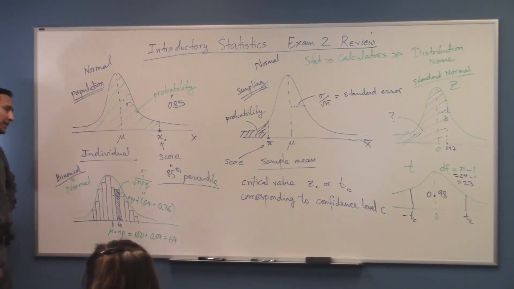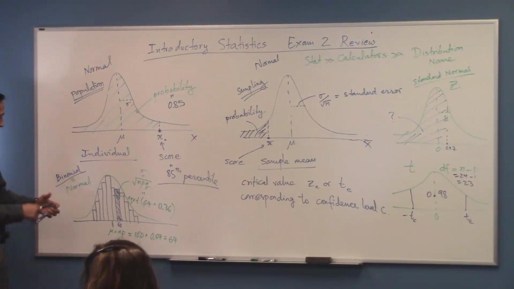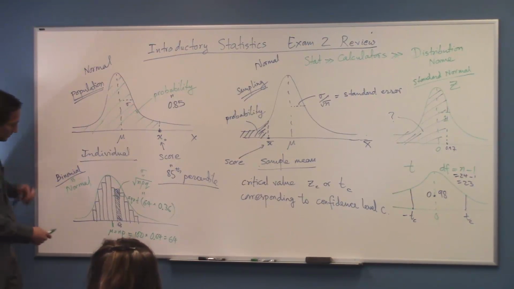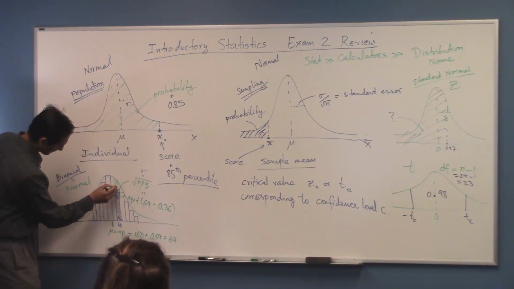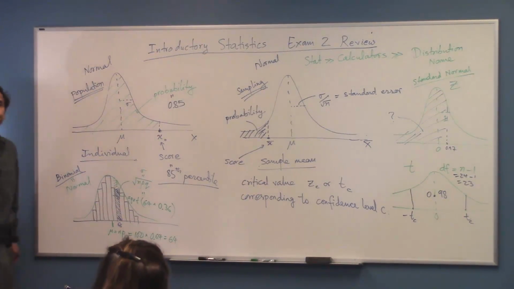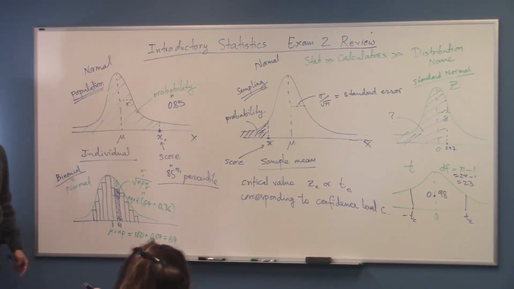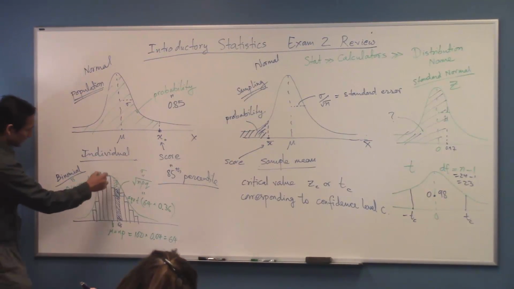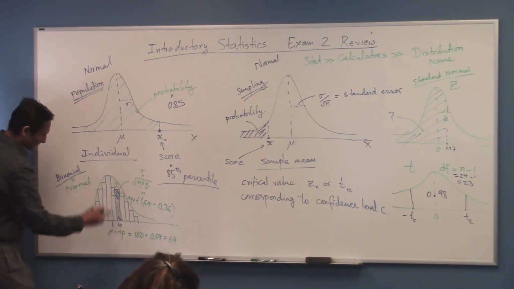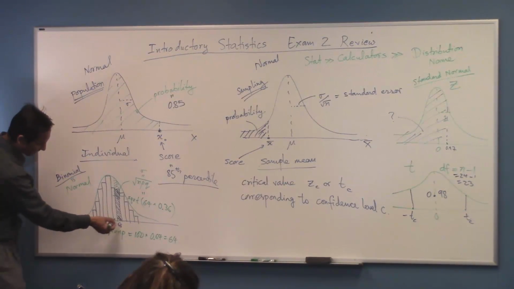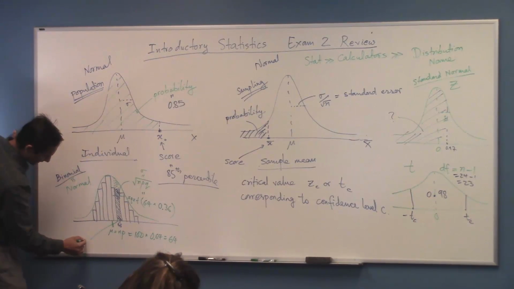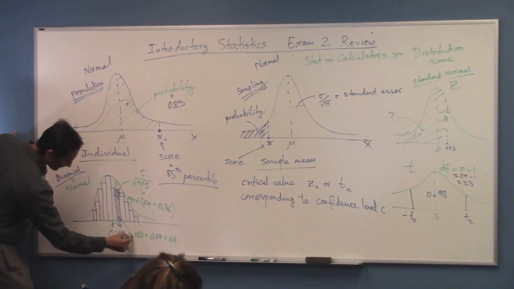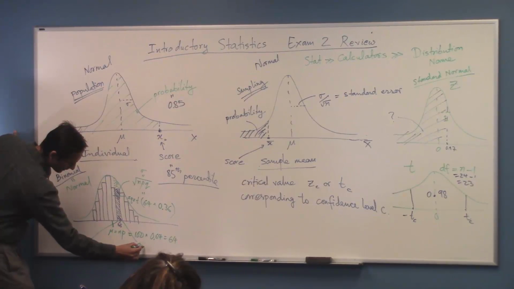But if you are using a normal approximation, then you have to find the area under the green curve. And for this continuous curve, it's not exactly 66. 66 is right there, but this one is 65.5, and this point is 66.5.